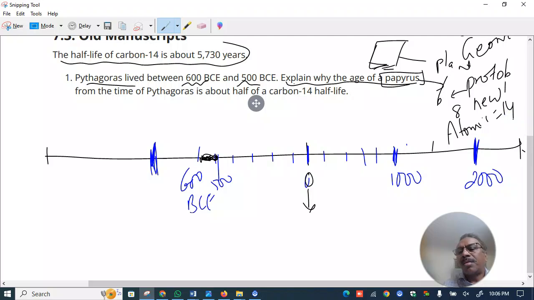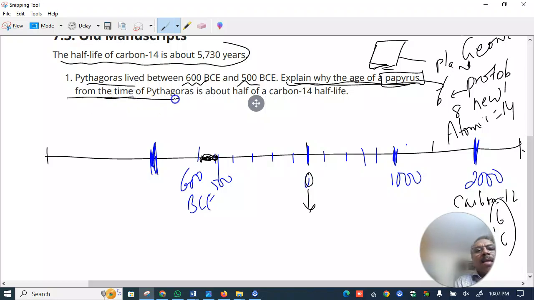But carbon 12 is the one that is stable, which has both 6 protons and 6 neutrons. Just a quick flash of chemistry here. Now this question, explain why the age of papyrus from the time of Pythagoras, is about the half-life of carbon 14.